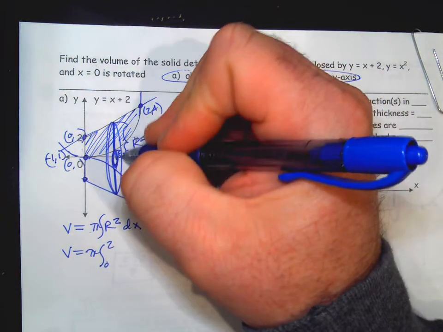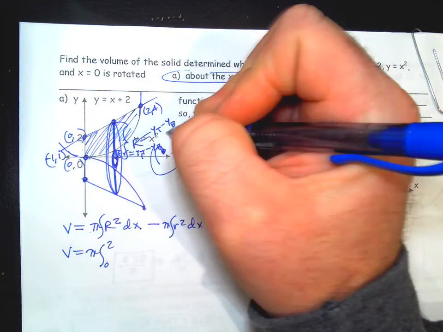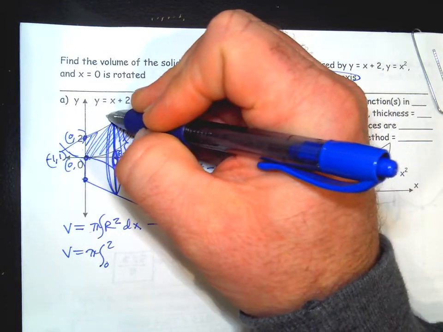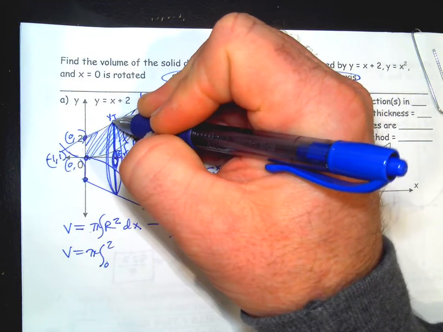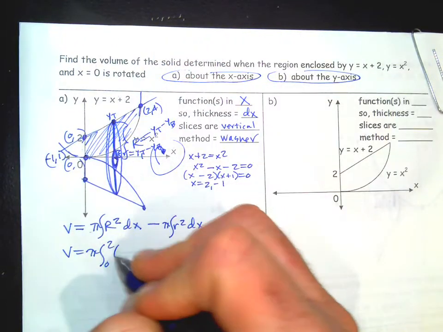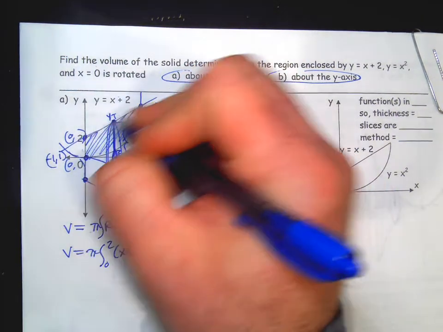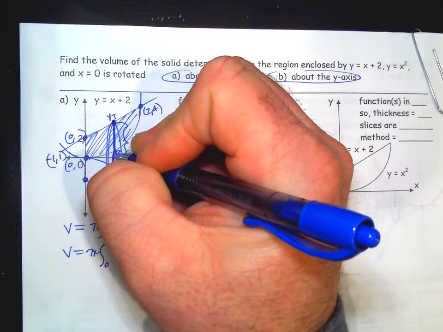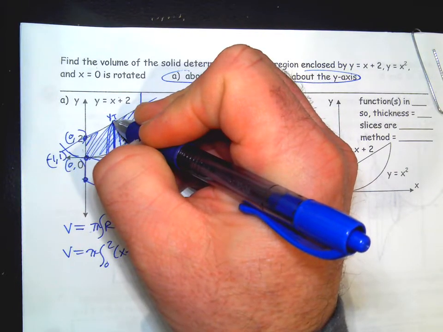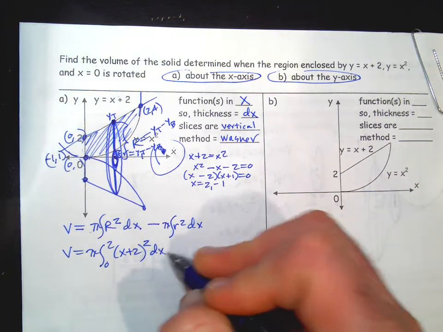Now this big radius right here, if y bottom is 0, then it's just y top. So what is this y variable in terms of x? It's x plus 2. So the big radius at any point along here is from the axis of rotation to this outer edge, which is that line. That's always the big radius. Okay.